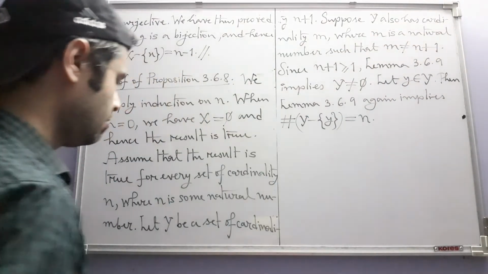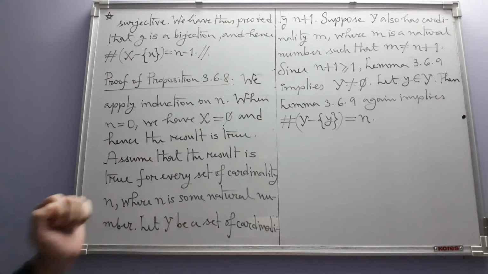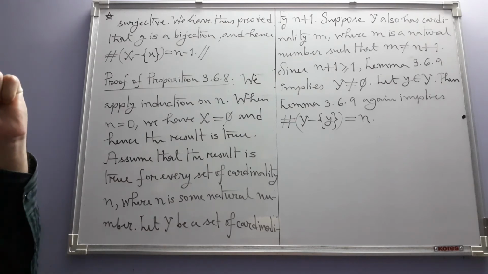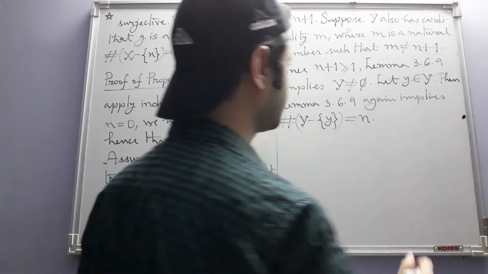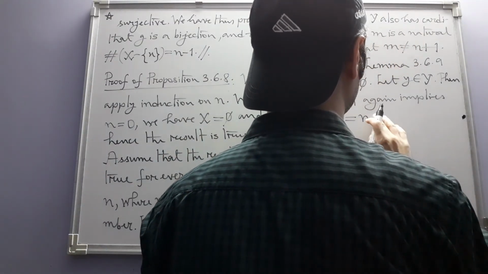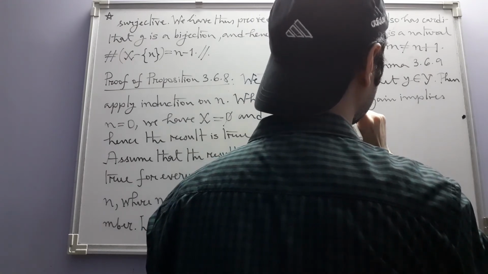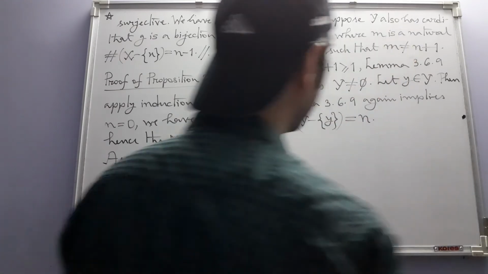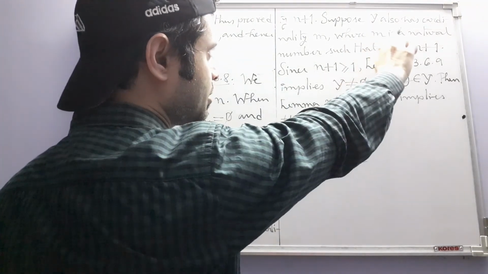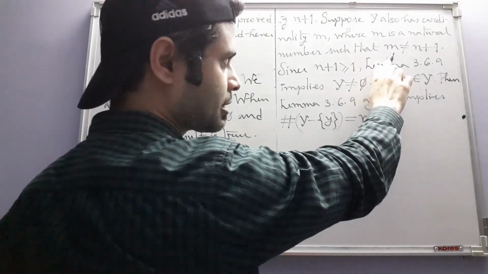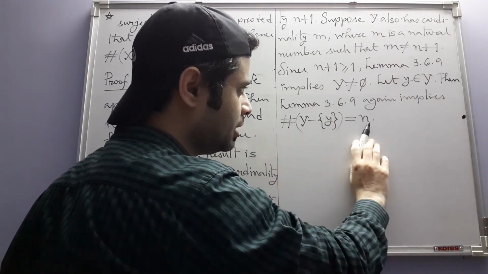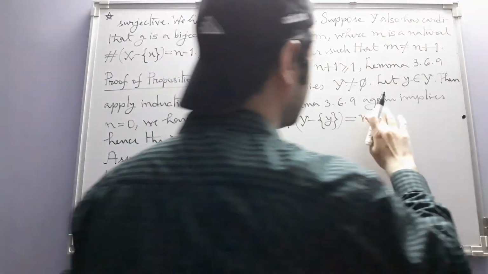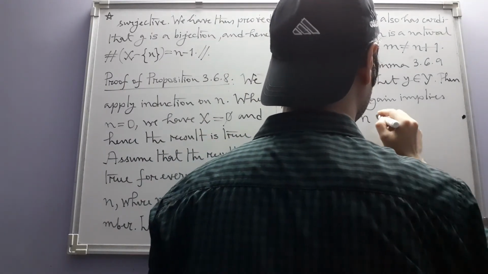Now this n, according to our induction hypothesis, is unique. But at the same time, because we have supposed that Y also has cardinality m, here not only will we have this, but we will have this also.